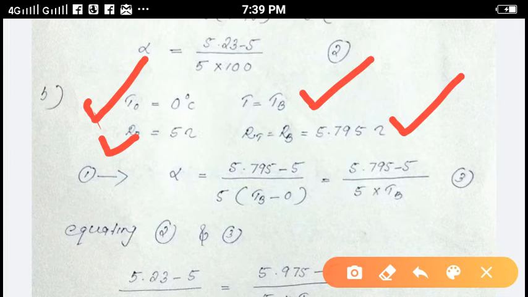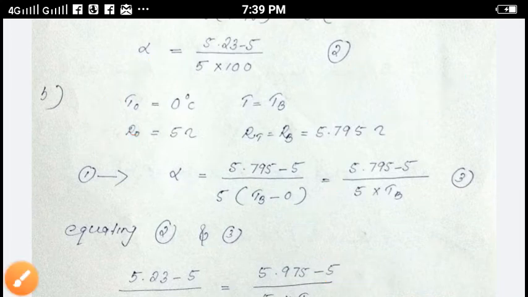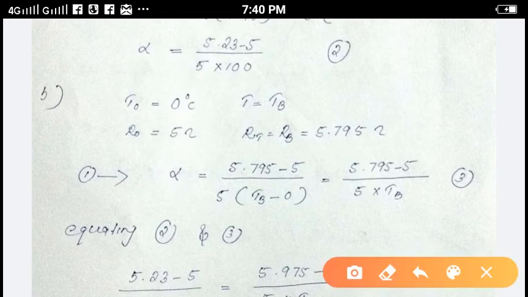Put all these values in the equation for alpha. Alpha equal to 5.795 minus 5 divided by 5 into TB minus 0, or 5.795 minus 5 divided by 5 into TB. So we have got two equations for alpha, that is equation 2 and equation 3.